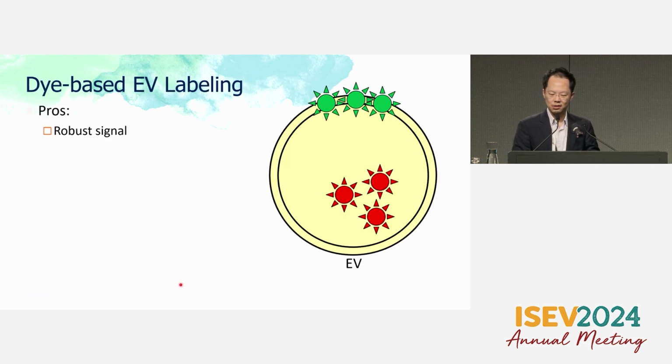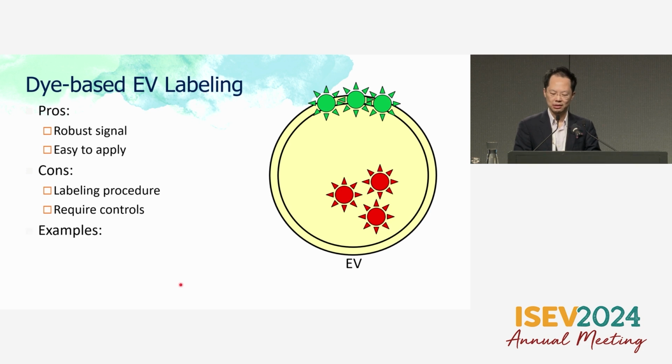Okay. So for dye-based labeling, this is something that I want to emphasize, and I know that a lot of people really like to use dyes, because they are great in providing you an awesome signal, and they are relatively easy to apply. The con to that is you have to be really careful about the labeling procedure, and at the same time, you do need to implement controls to make sure that you are really looking at labeled vesicles.